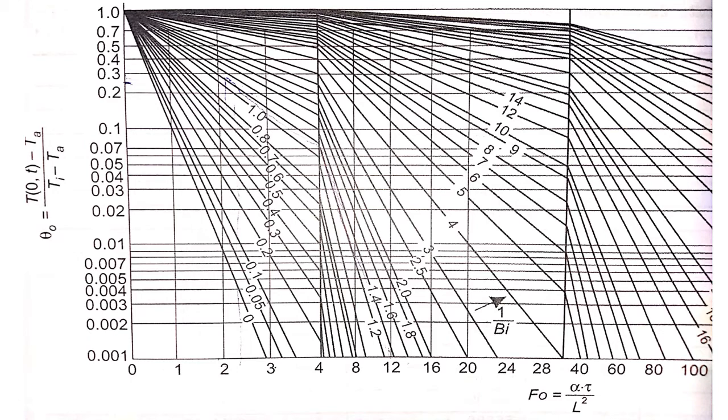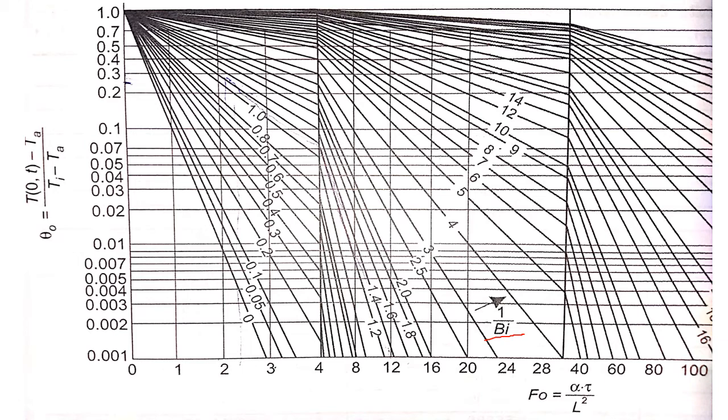You can see here, 1 divided by Biot number values of 0, 0.05, 0.1, 0.2, 0.3, 0.4, like that, 1.2, 1.4, 1.6. All these curves indicate the value of 1 divided by Biot number.